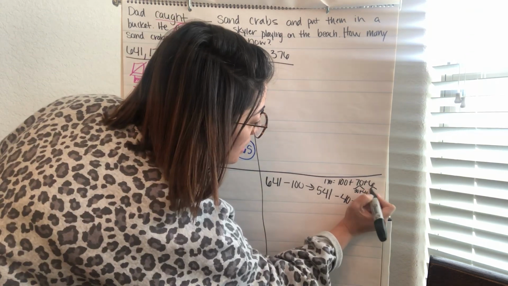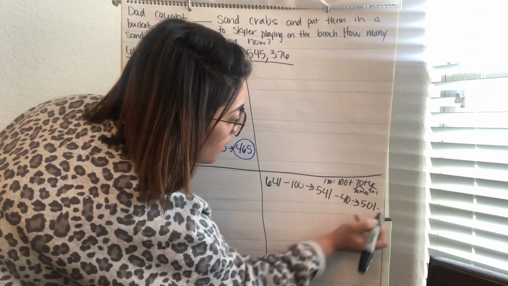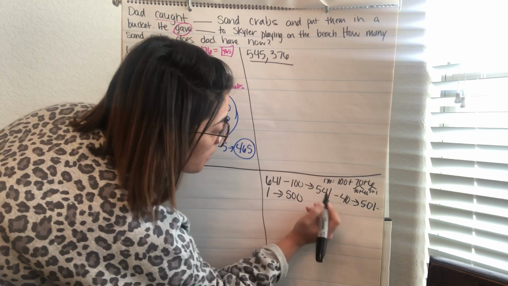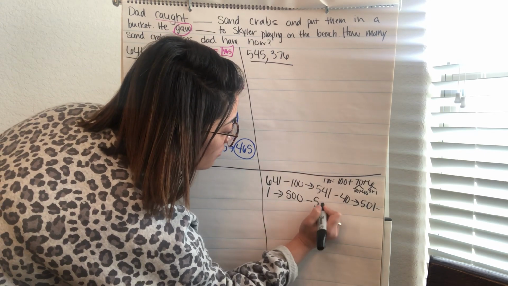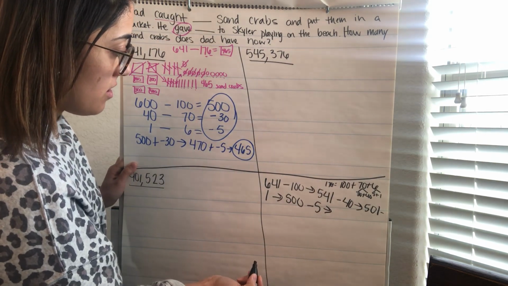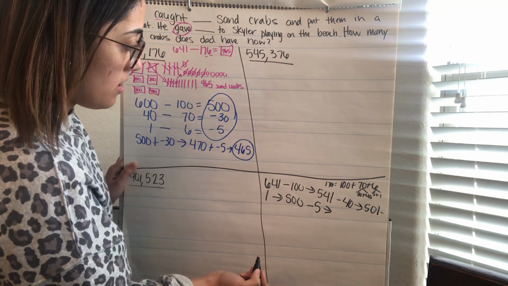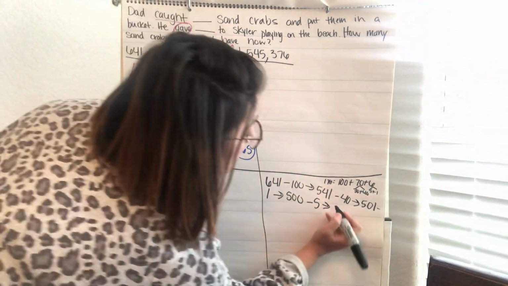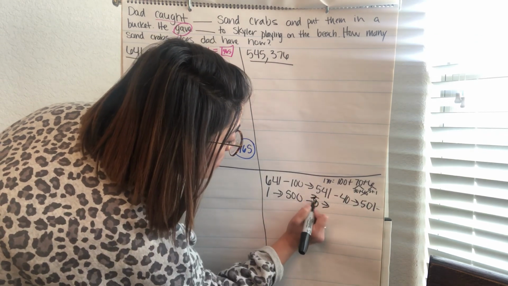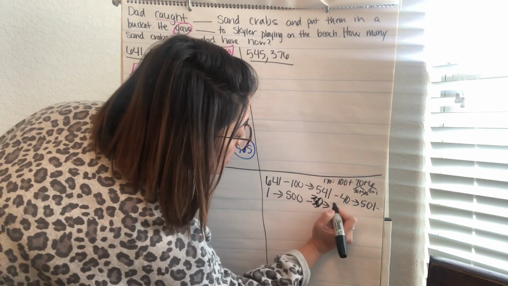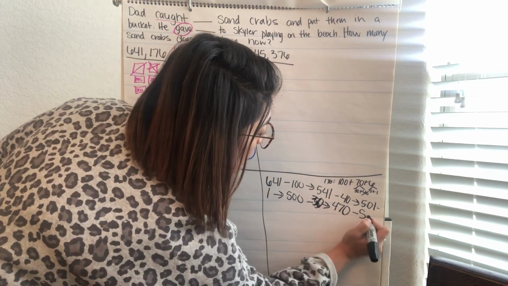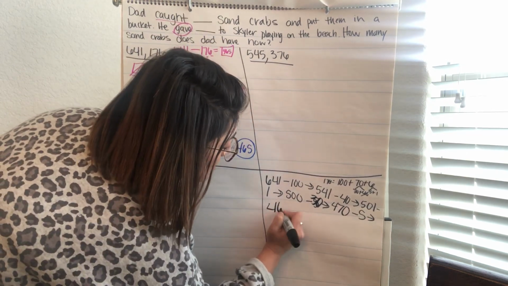I'm going to break the 6 into 5 plus 1. 501 minus 1 gets me to 500. I still have to take away the 30, so I'm going to do minus the 30 first. That gets me to 470. Minus 5 now gets me to 465.